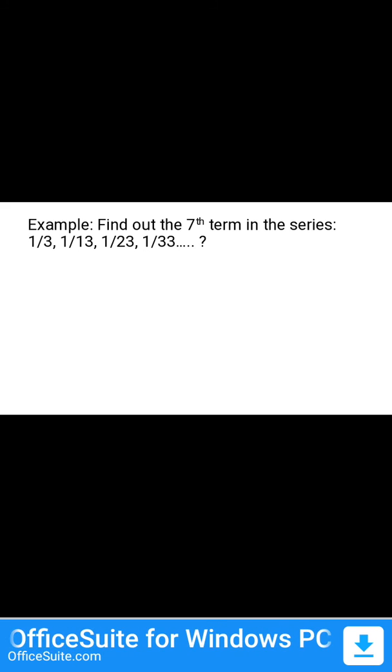But if you convert every single term in this series to its reciprocal, this would probably become a harmonic progression. So the first step will be to ascertain whether this is a harmonic progression or not. We convert all the terms into their reciprocals. Now once we have done this conversion, we'll have the four terms 3, 13, 23 and 33.